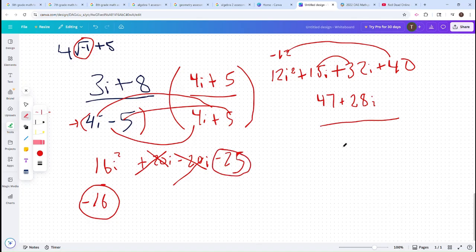Well, that equals negative 41. This is what you get when you divide 3i plus 8 by 4i minus 5. So whatever that number is, that's what you get when you divide 3i plus 8 by 4i plus 5.